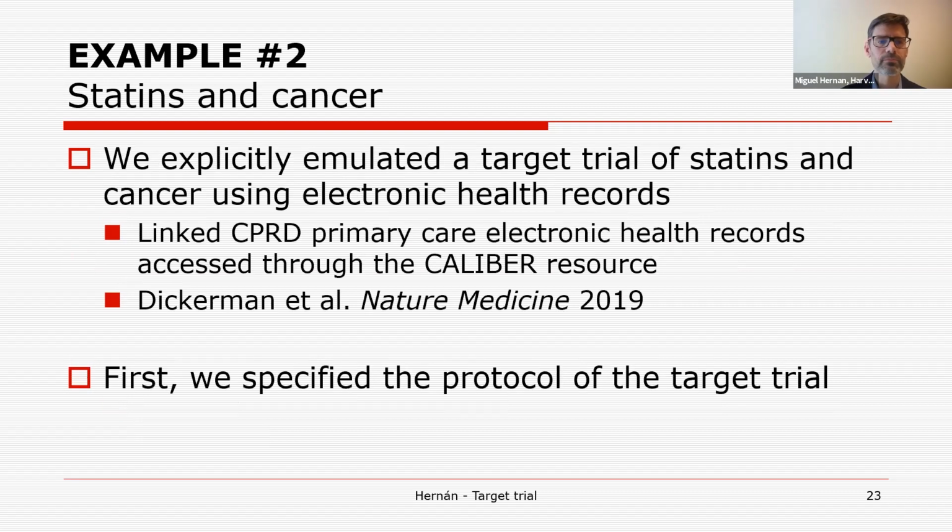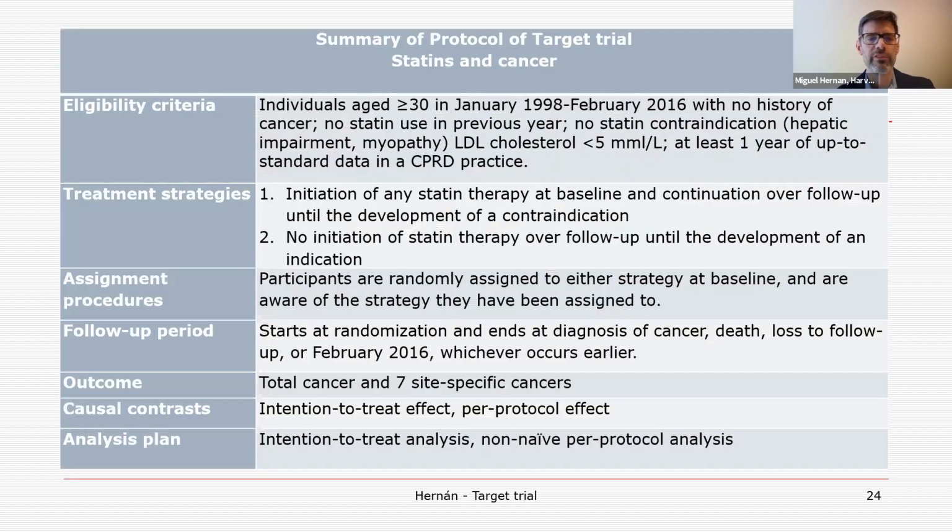So we explored this issue and we emulated the target trial of statins and cancer using electronic health records. In this case, we were working with the Caliber resource from the UK. And the first thing that we did, of course, was to describe the protocol of a target trial. So very quickly, and I'm not going to go over this, we just went over the eligibility criteria.